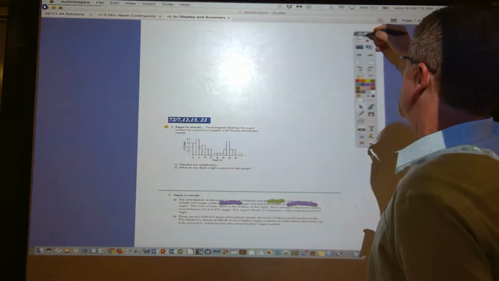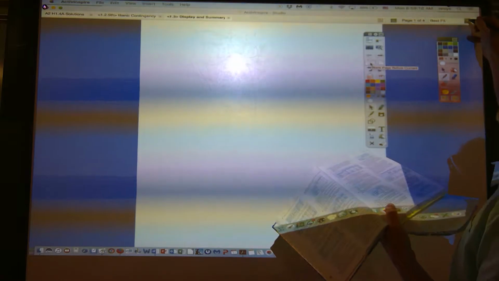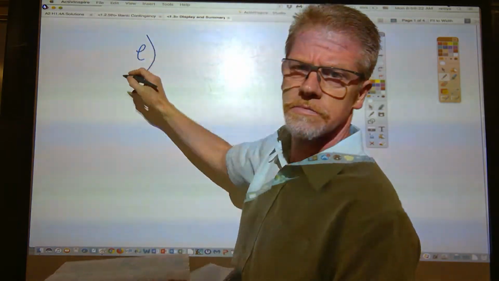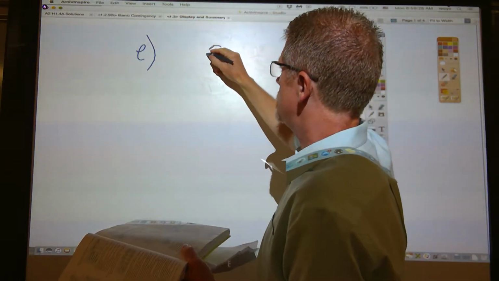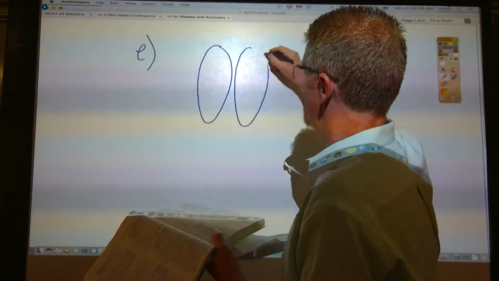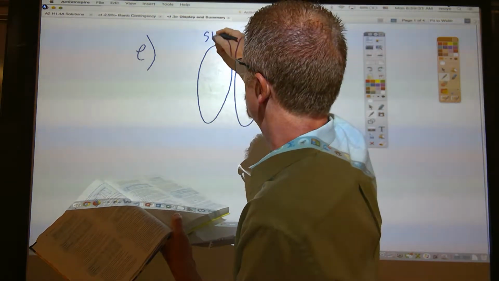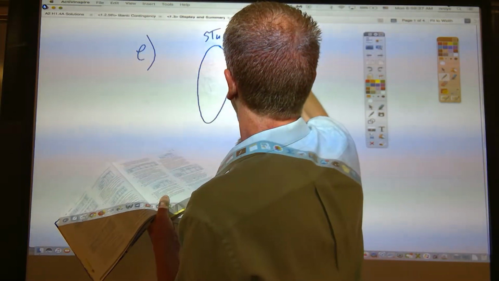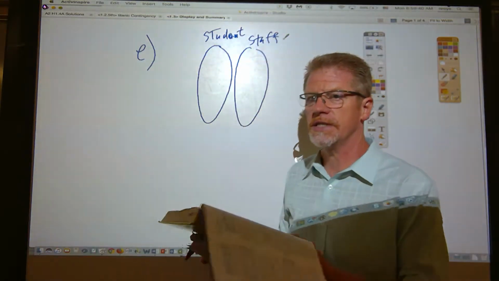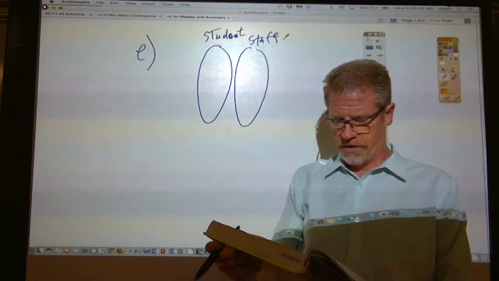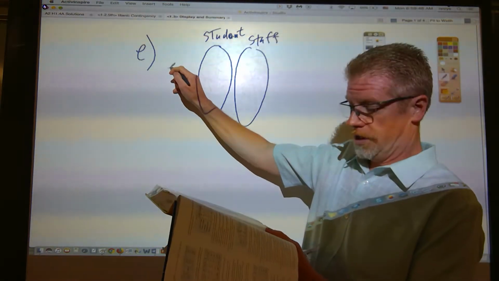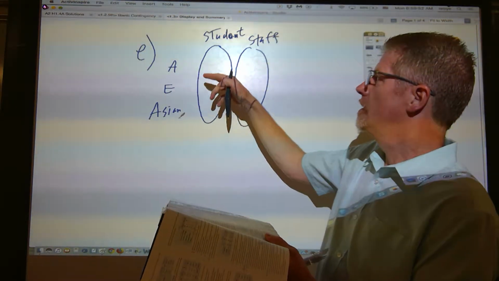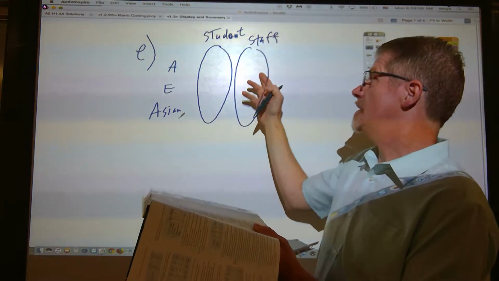So the basic structure of what that should have looked like on the homework for part E was there should have been a distribution for student, and there should have been another distribution for staff. It should have been a distribution of conditional relative frequencies of origin. Could have been either American, European, or Asian. First the student distribution, then the staff distribution.